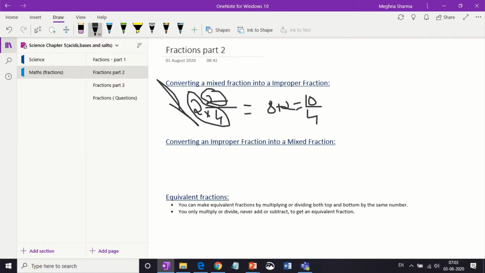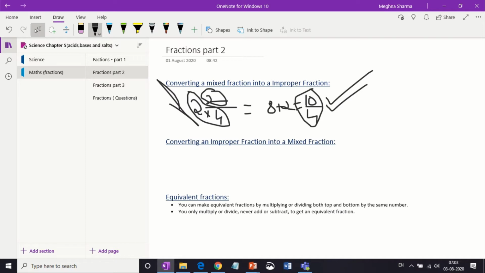See, this is not a proper fraction, this is an improper fraction. Always, when you convert a mixed fraction, you will get an improper fraction.